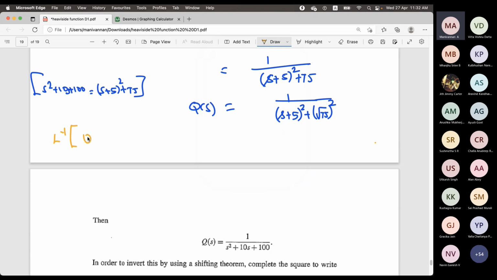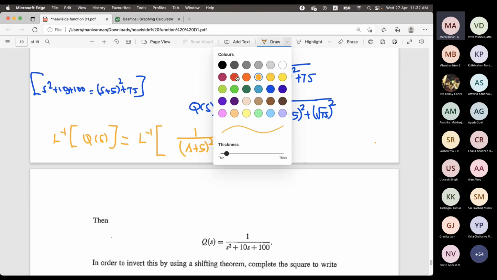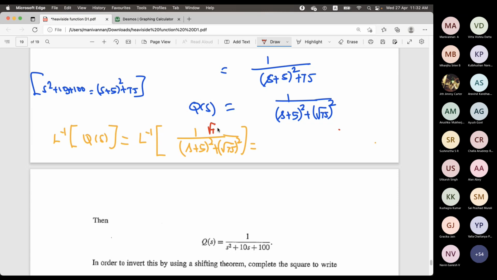For your understanding I am also doing it one time. So L inverse of 1 divided by s plus 5 whole square plus root 75 whole square. If I want to take this s plus 5, then root 75 I have to multiply and divide. Am I right? Yes, sir.